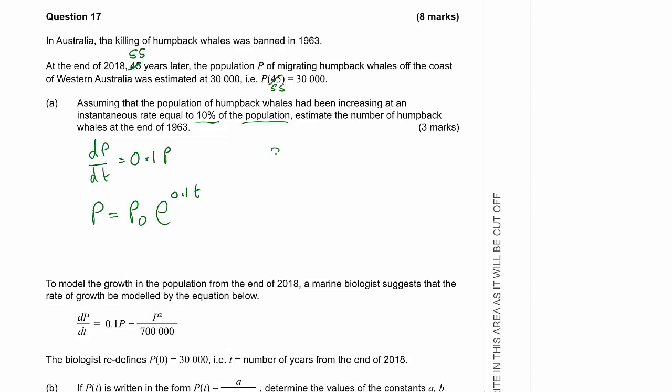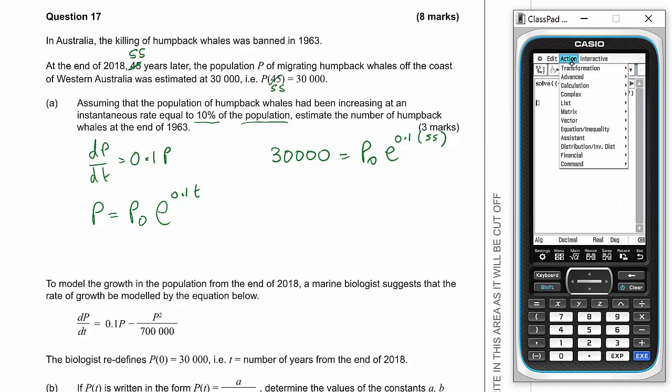And they're telling us that 30,000 is equal to P naught e to the 0.1 times 55.